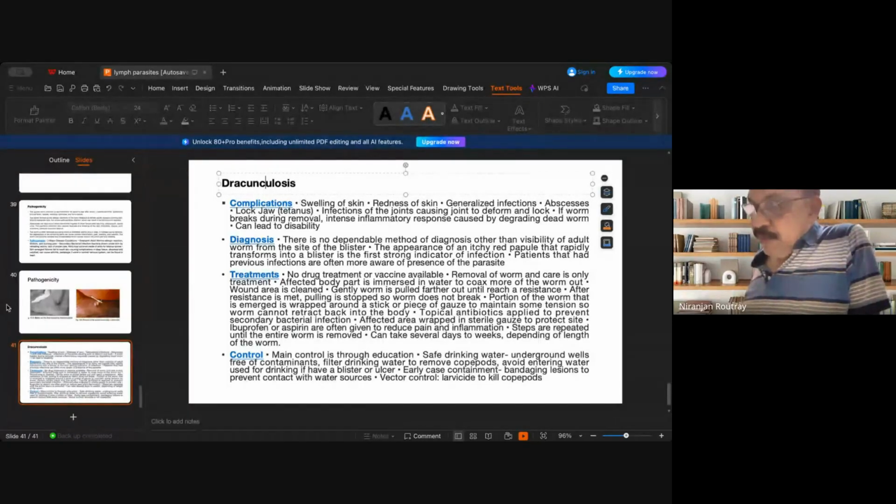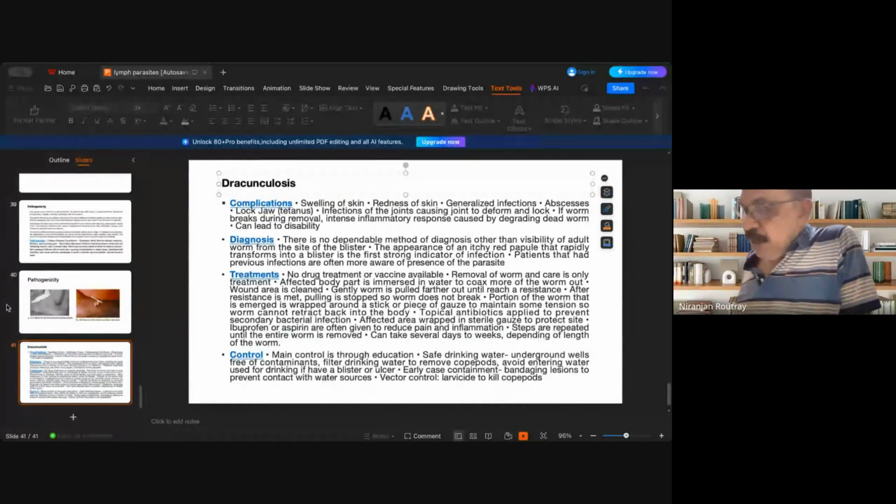Then you have the symptoms: pruritus, that means itchy skin, severe itching in the affected area due to allergic reaction to the parasite proteins and feces. Primary lesions consist of tiny blister formation, papular scabies, eruption, a nodular look, yellow crust.